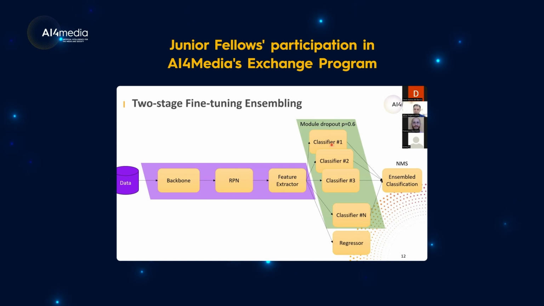So we keep only N classifiers running in parallel. These ones are trained with a module dropout of 60%, meaning that each classifier has a 60% chance of being dropped during the fine-tuning phase, and only one regressor. We kept only one regressor because these N classifiers all act on the same proposed region.